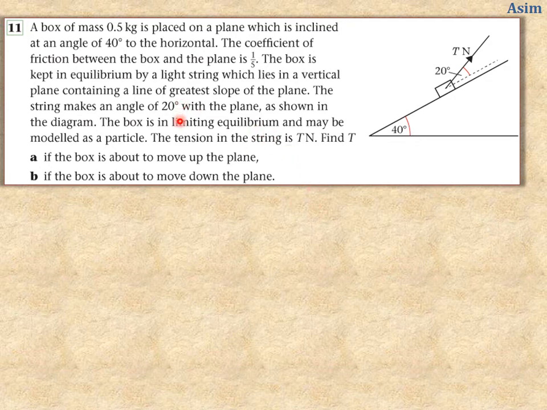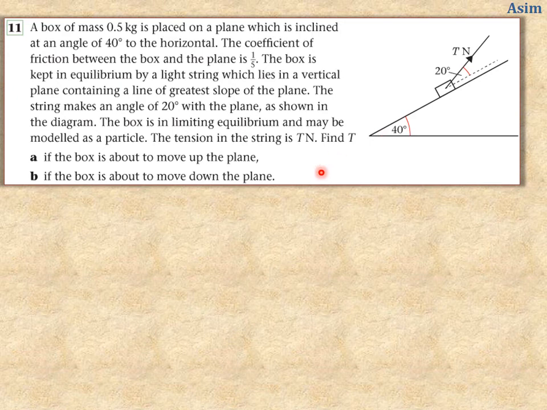So in all questions of limiting equilibrium, you should know that you're working with statics. Let us take the first, about to move up the plane, and draw the forces.